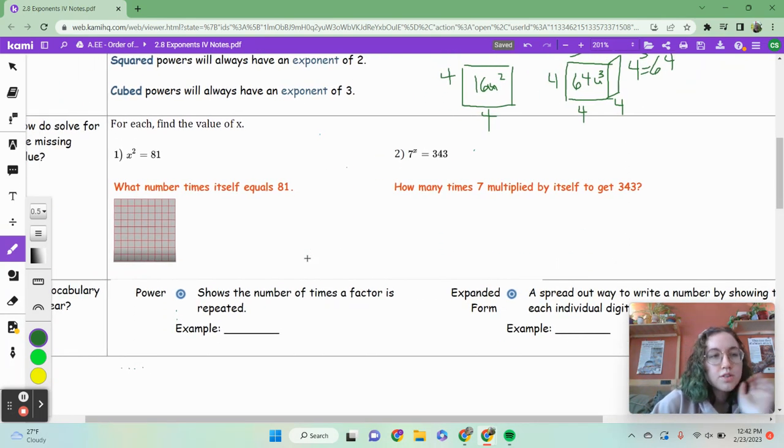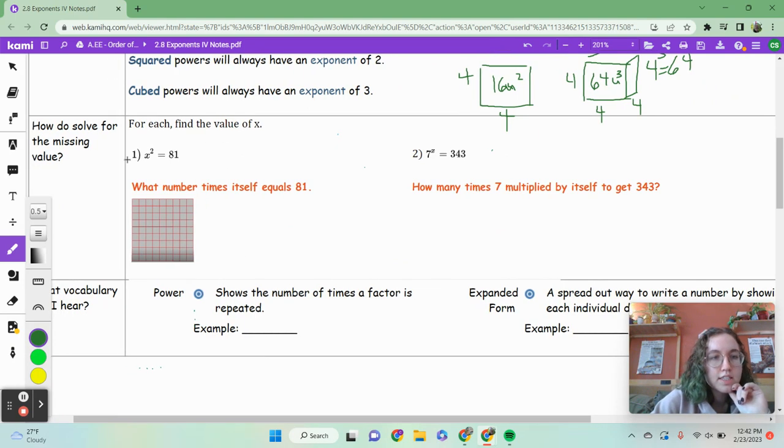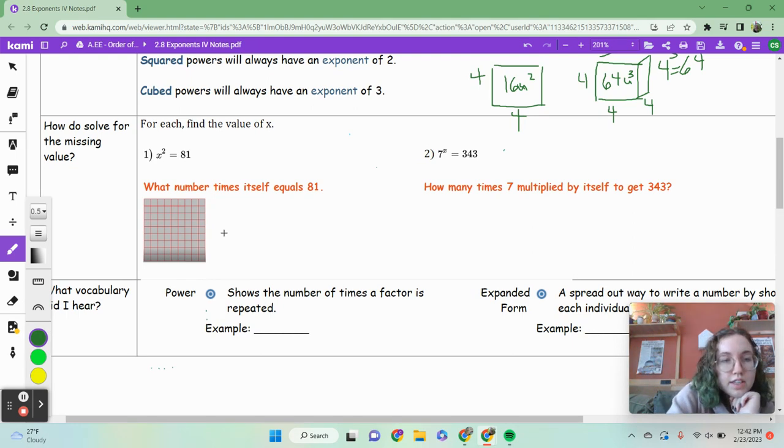So let's reverse engineer some of these. Let's say I want to find what x is if something squared, x squared, is 81. So let's go back to that square idea. If I think that it might be 2 squared, then I can block off this little box that has side lengths of 2 and 2.